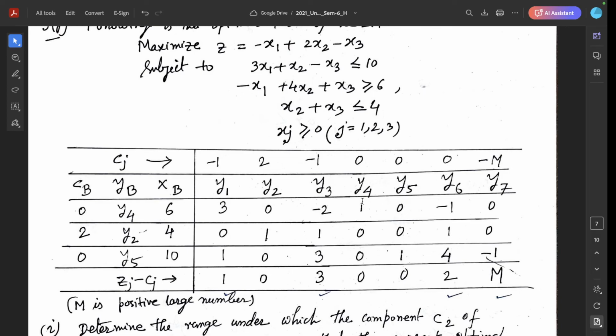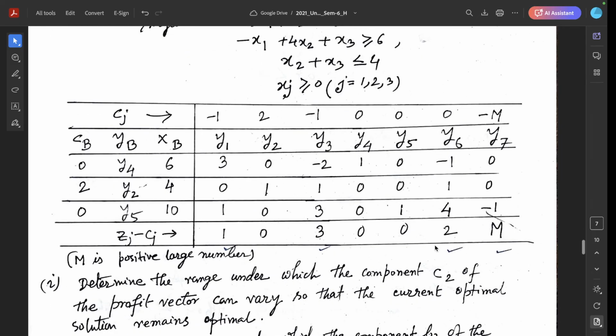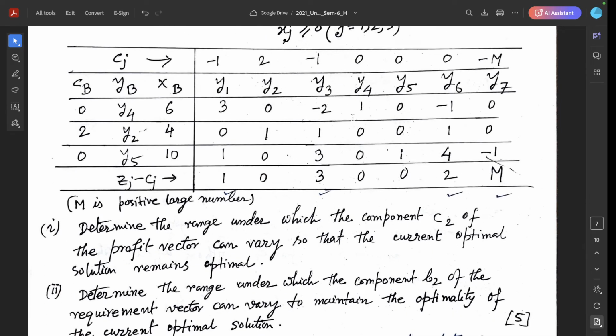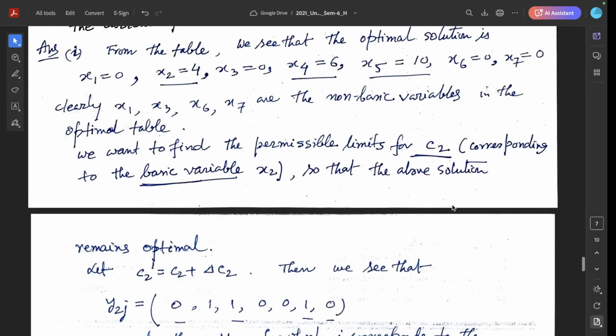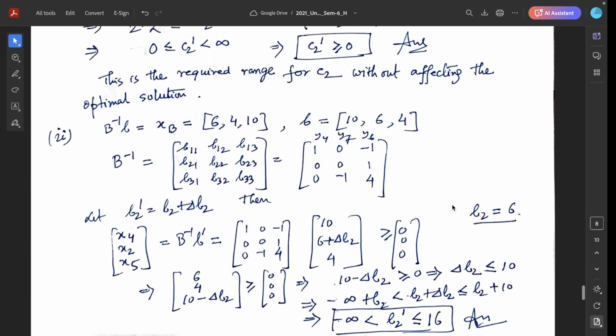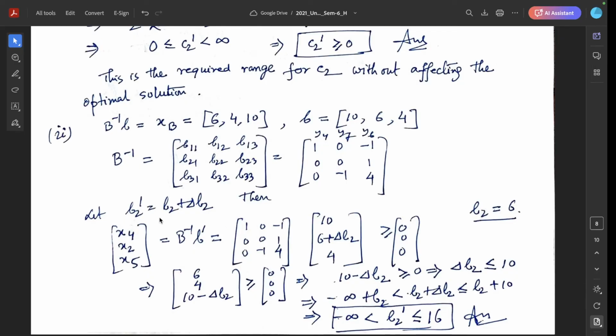Actually, these columns are the initial basis matrix 1, 0, 0, 0, 1, 0, 0, 0, 1. So we have B inverse. Let B2 dash equal B2 plus delta B2. This delta B2 is the small change of B2, so that the optimality conditions remain satisfied.